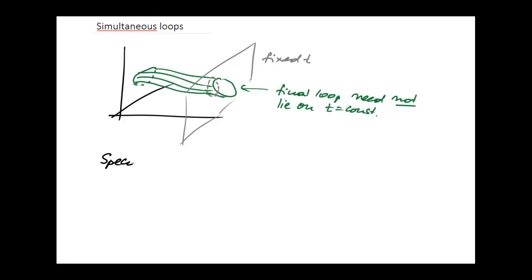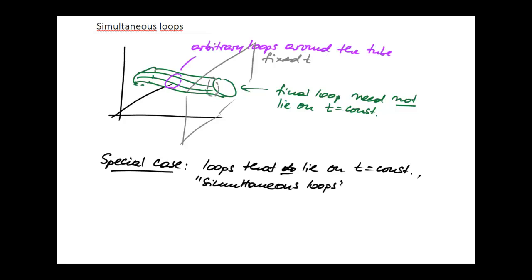But then, of course, we have the situation where the loops do lie on slices of fixed time, and these are simultaneous loops. So if we do require that these loops all are at a constant time, then for this invariant loop integral, dt is equal to 0.